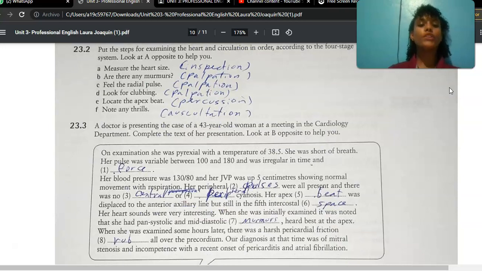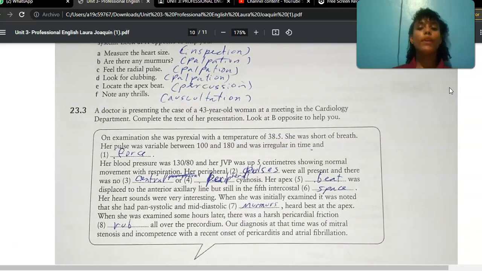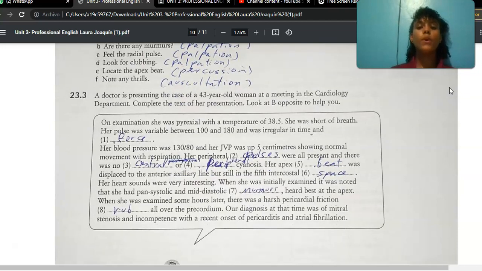Auscultation. A doctor is presenting the case of a 43-year-old woman at a meeting in the cardiology department. Complete the text of her presentation. Look at the opposite to help you. On examination, she was apyrexial with a temperature of 38.5. She was short of breath. Her pulse was variable between 100 and 180 and was irregular in time and force.